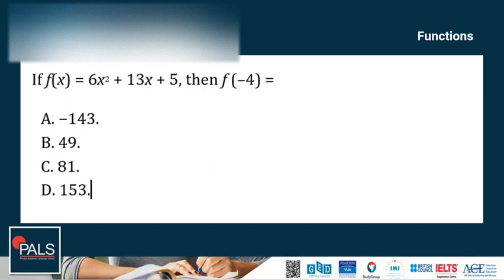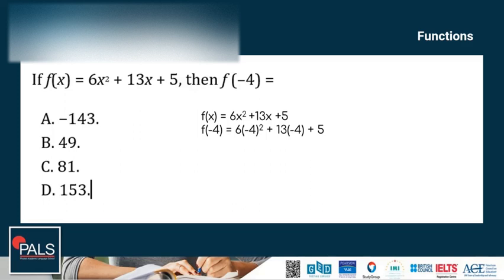Again, all we need to do to find the value of the function is to plug in the value of the input. So we have f of x is equal to 6x to the power of 2 plus 13x plus 5. F of negative 4 is equal to 6 times negative 4 squared plus 13 times negative 4 plus 5.